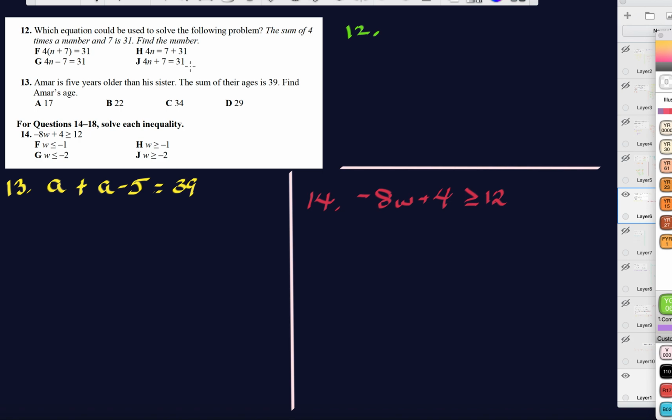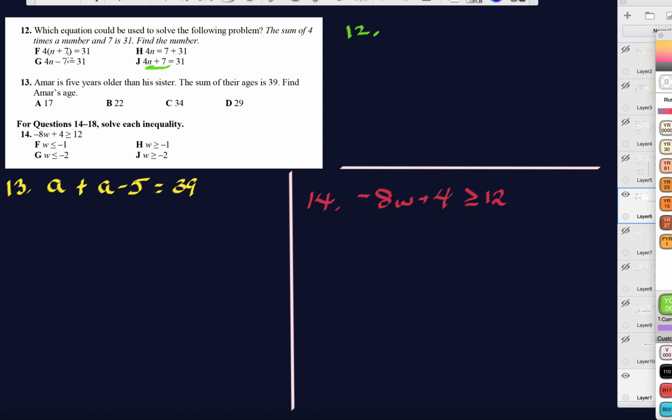So it's not the sum of 4 times the quantity of a number and 7, it's 4 times the number and 7. So we're looking for 4 times the number plus 7. And this is the only place where we have 4 times the number and 7.